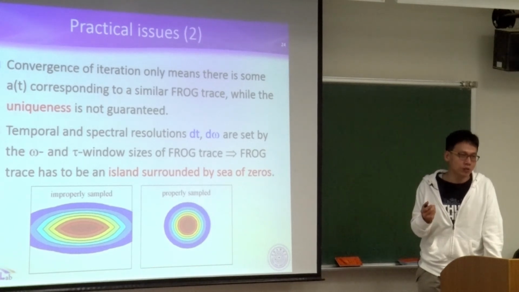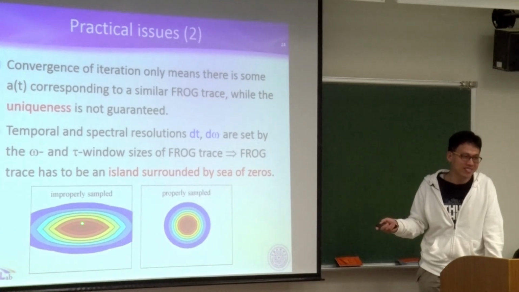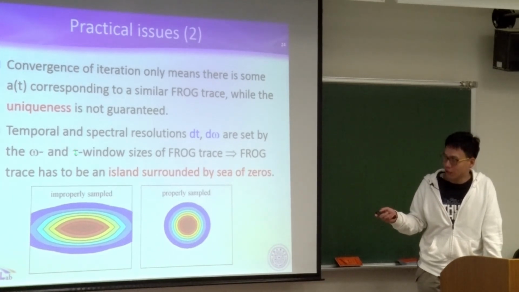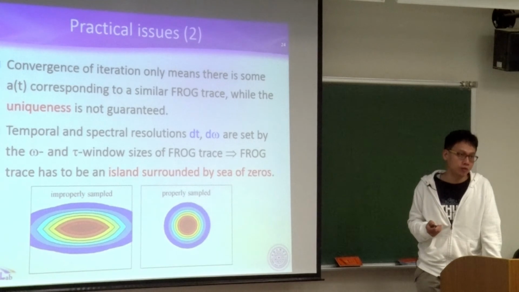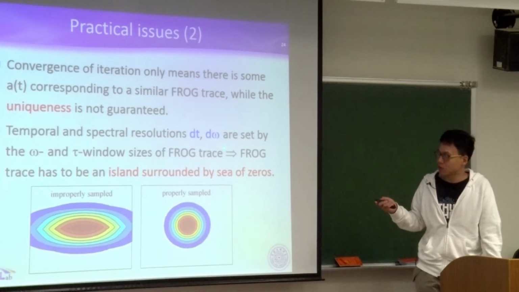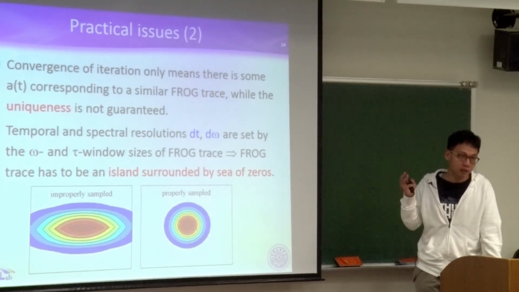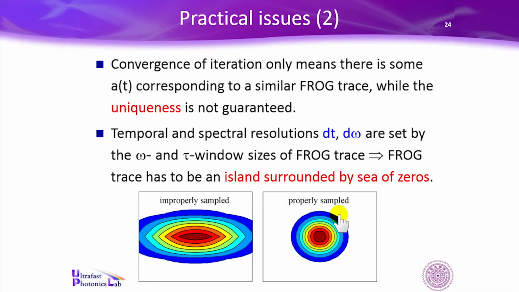Then what's the price you have to pay if you go on using this FROG trace? Your delay window size is too narrow. That will give a worse spectral resolution after your data reconstruction. The pulse you solve for will have too poor a resolution in the frequency domain if you stop here. So it's important when you take FROG traces, you make sure it's an island surrounded by zeros.